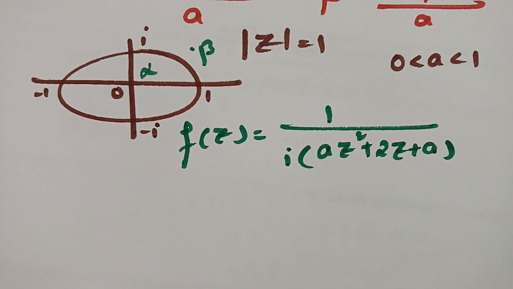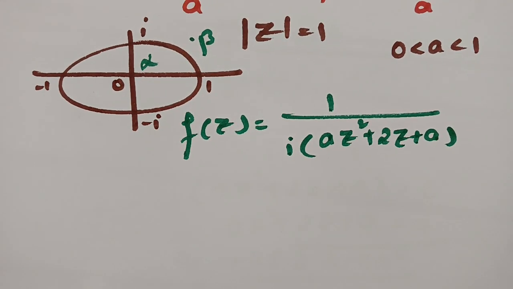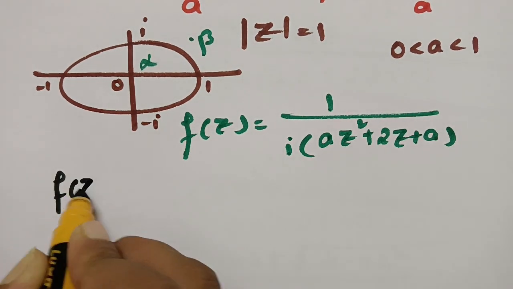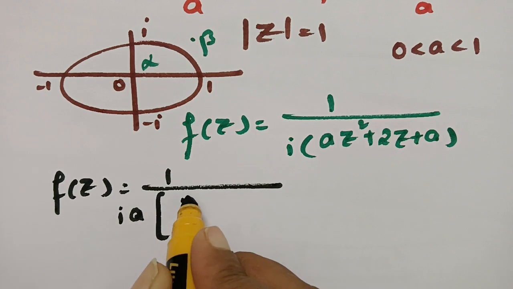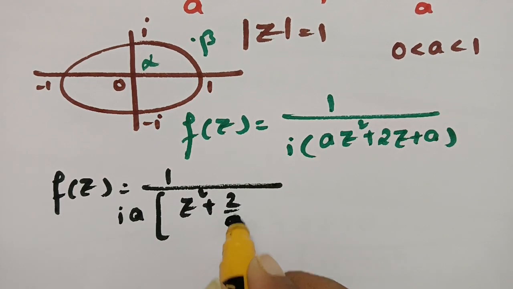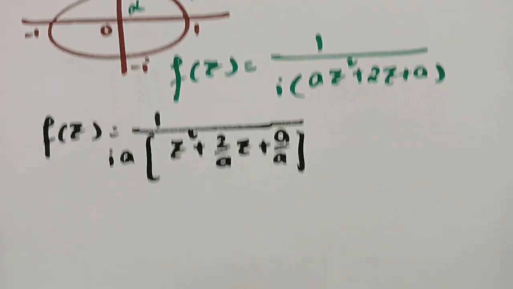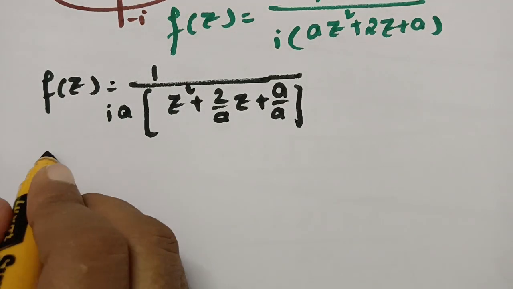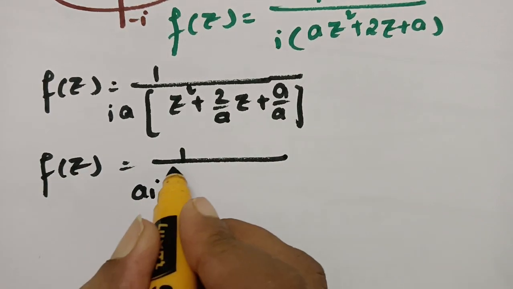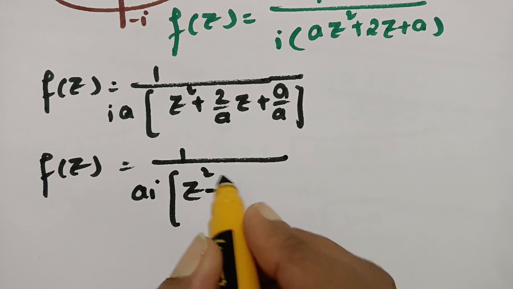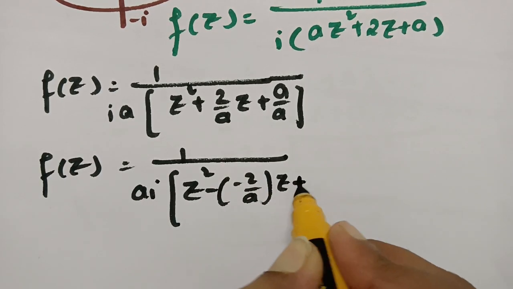If I take a common from this, this will be z square plus 2 by a into z plus a by a. Therefore f of z is equal to 1 by ai times of (z square plus 2 by a into z plus 1).